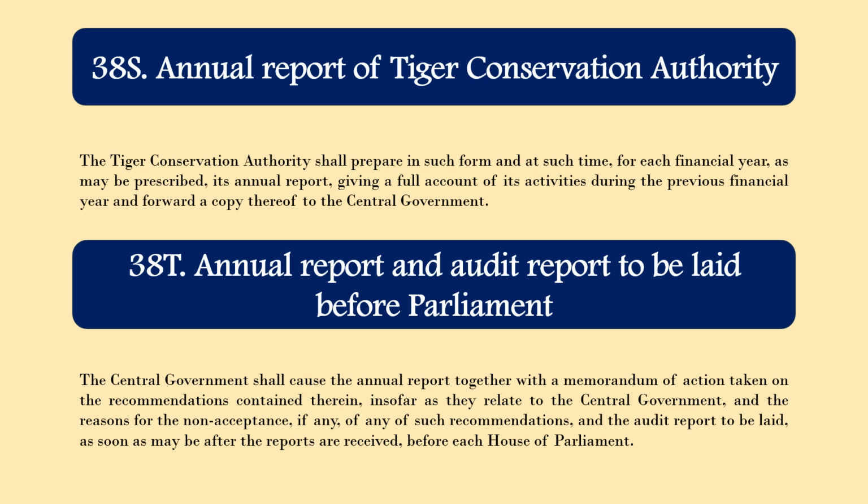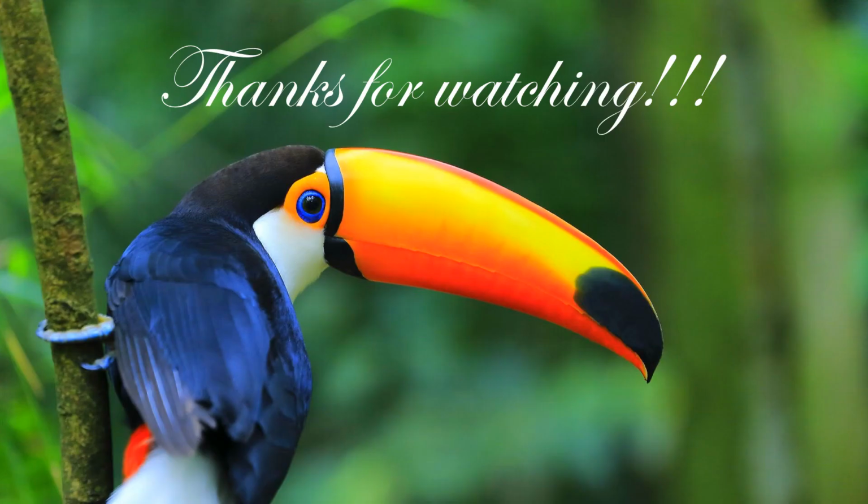And after giving all these reports and audit to the central government, if any changes are to be made, they should be made, and then the audit report along with the annual report has to be laid before the houses of Parliament for their viewing. So this is all from me today.